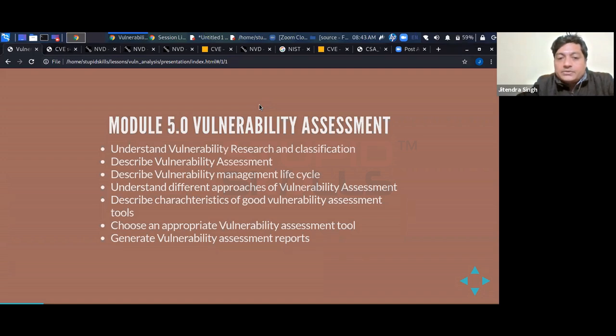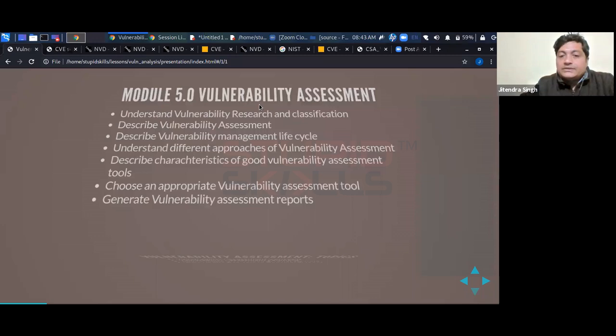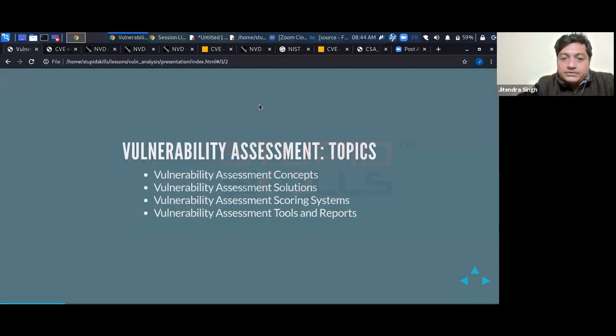Then we would describe what the characteristics of good assessment tools are, how you can select a tool for the assessment, and how you generate reports for documentation and further reporting. So we would cover some concepts, some of the solutions, and various scoring systems, tools and reports.